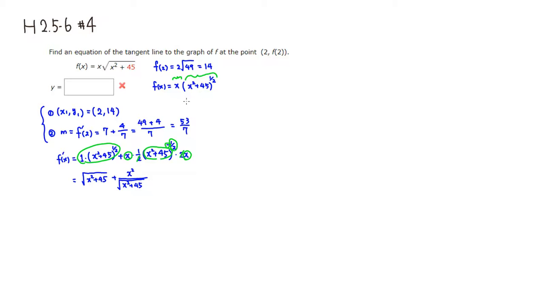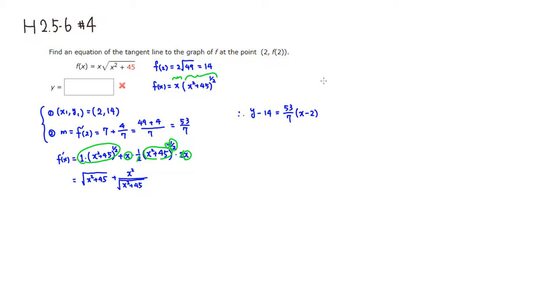Then we have the equation: y minus y1, which is 14, is equal to the slope, 53 over 7, times the quantity x minus 2.